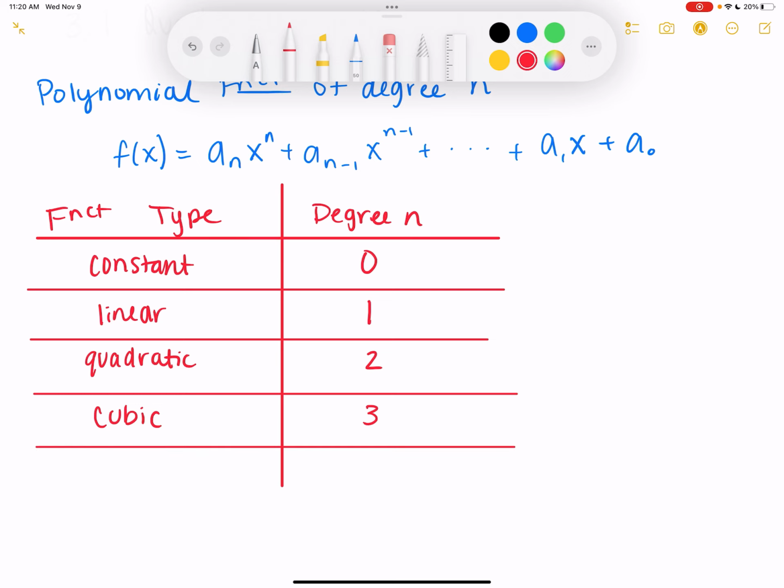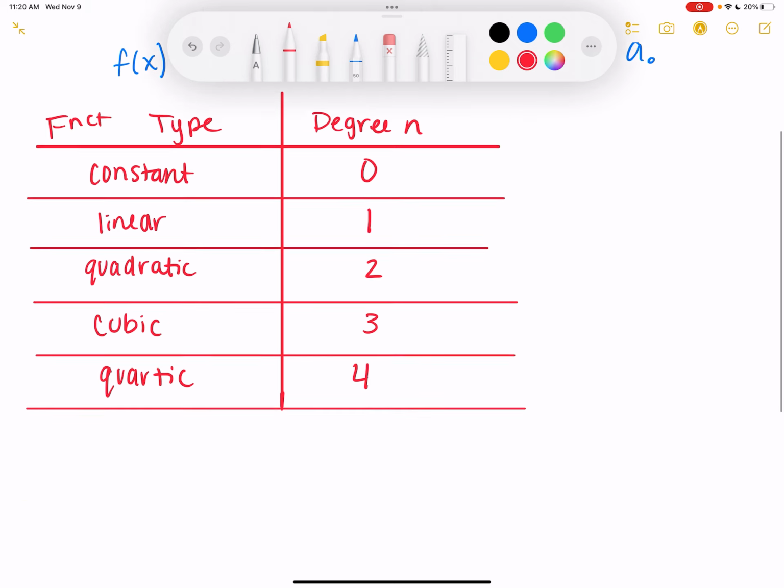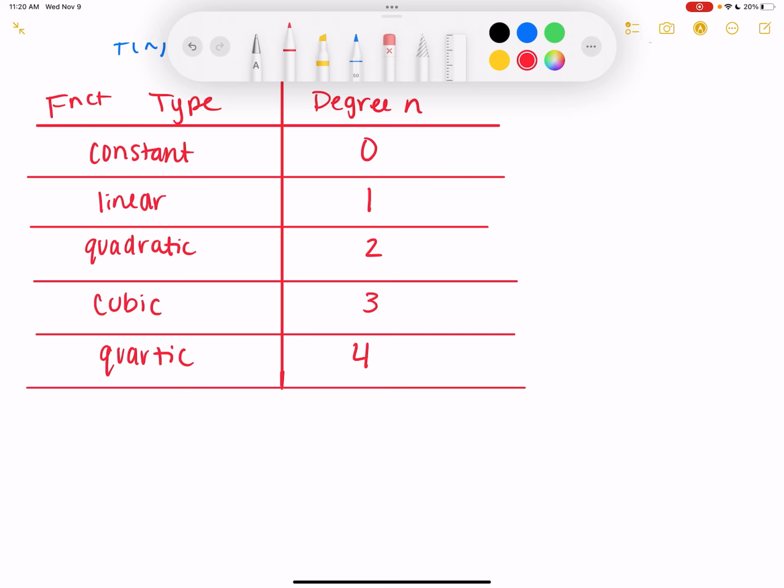And the last one is quartic, which is degree 4. So we're going to be dealing with the quadratic function in the form f of x equals ax squared plus bx plus c.